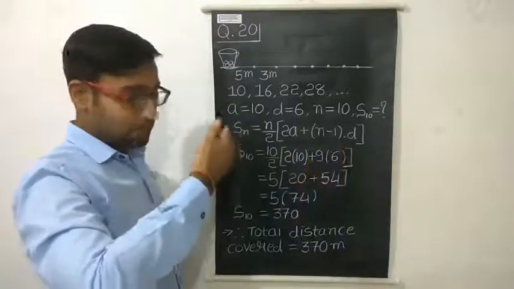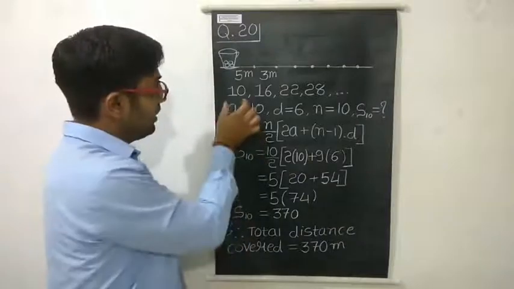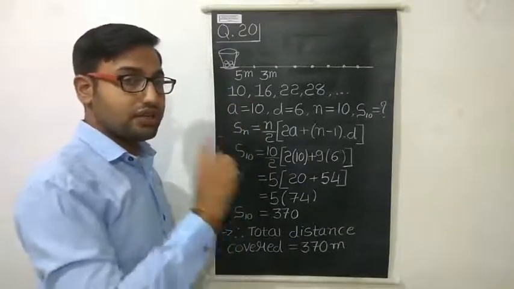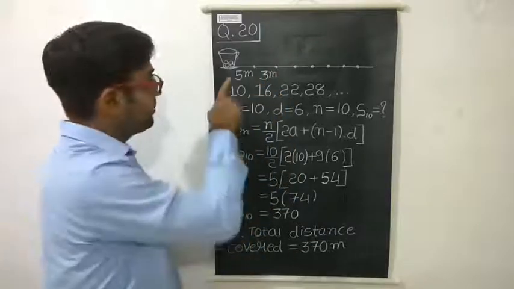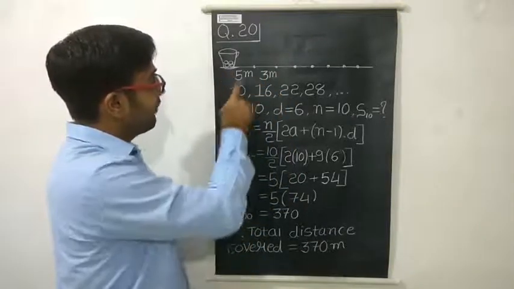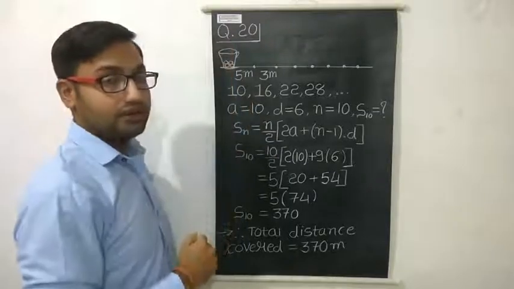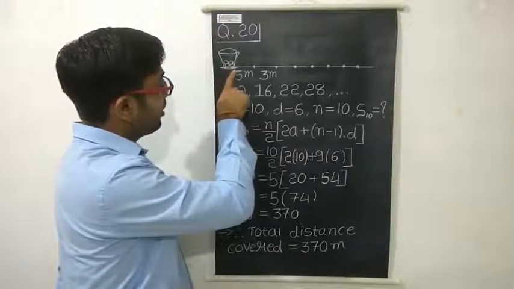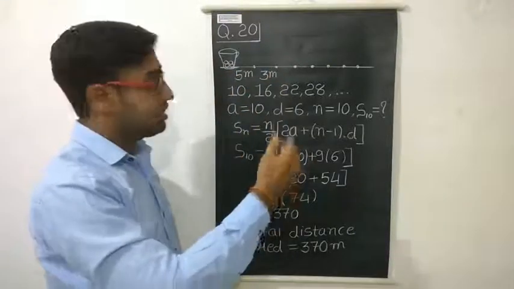The second 5 meters is to put the potato in the bucket. So total 10 meters of distance she has to travel. To pick up the second potato, she will again start from here, because after putting the first potato, she is now at the starting point again. So now how much distance will she run? 5 plus 3, total 8 meters.